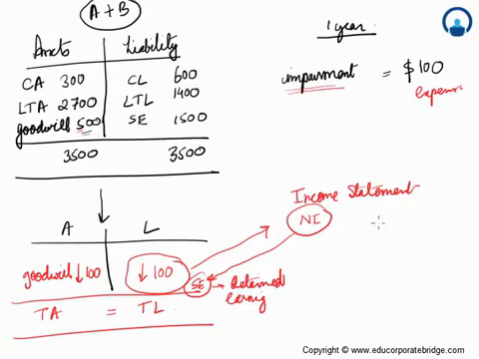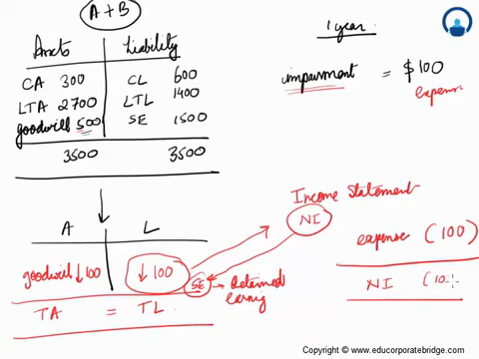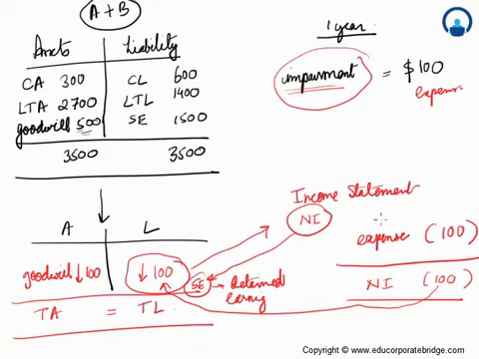In the income statement you'll report an expense called impairment, and at the net income level you will see a loss of 100, and this 100 loss will flow here to the liabilities side. So this is the incremental impact of the impairment. Impairments are reported on the income statement.